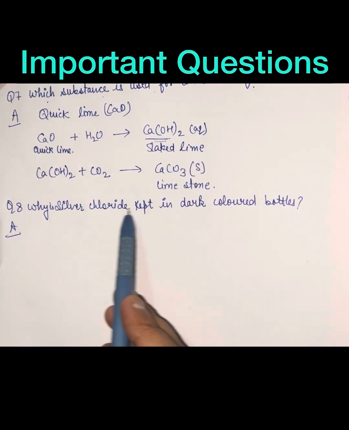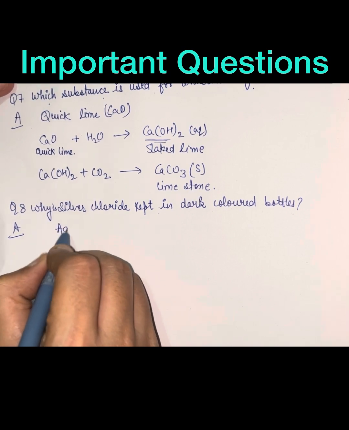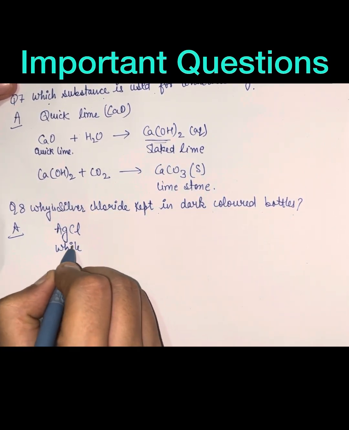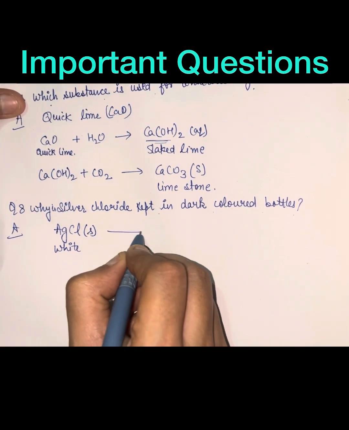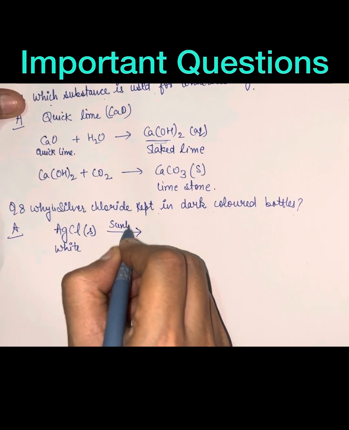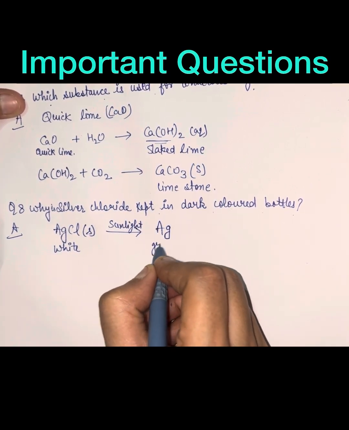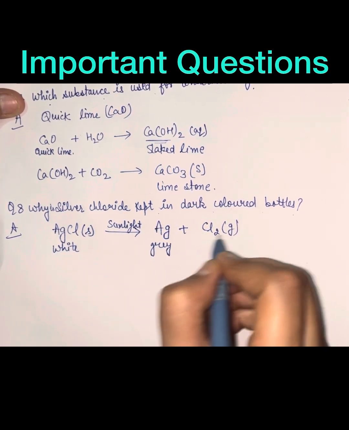Next, why is silver chloride kept in dark colored bottles? Children, silver chloride is AgCl. This is of white color. But when it is exposed to sunlight, it will dissociate to form silver, which is of grey color, plus chlorine gas.